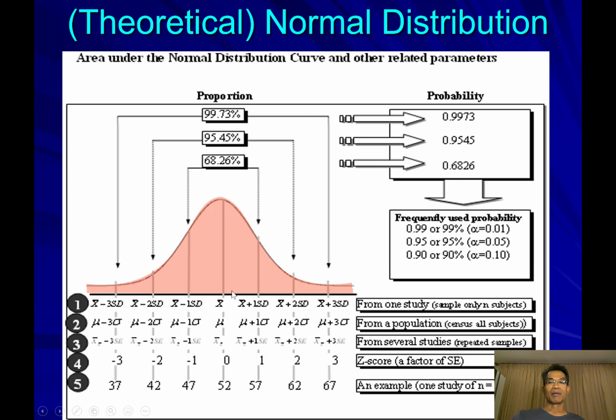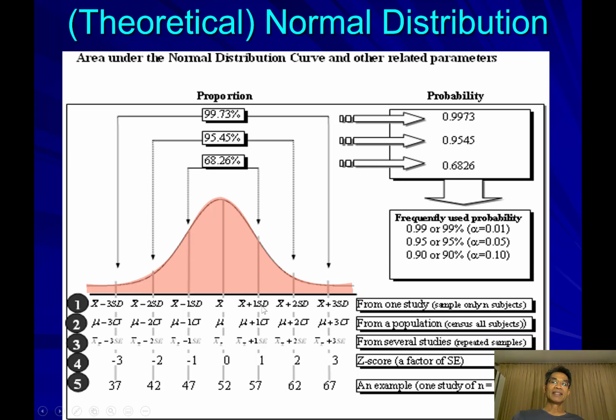The area within plus or minus 1 standard deviation covers about 68.26% of the whole. The whole is 100. Plus or minus 2 covers about 95.45% of the whole, and plus or minus 3 standard deviations covers about 99.73%. So this is a brief summary of the normal distribution properties.